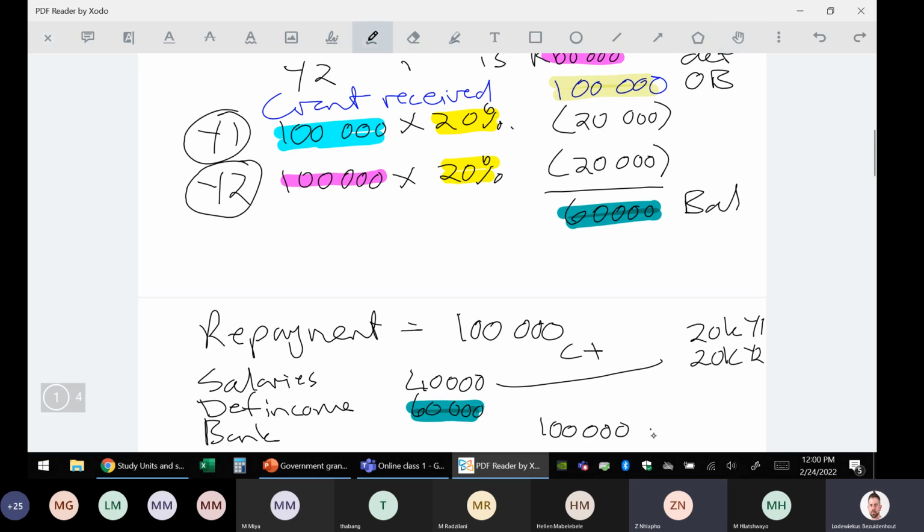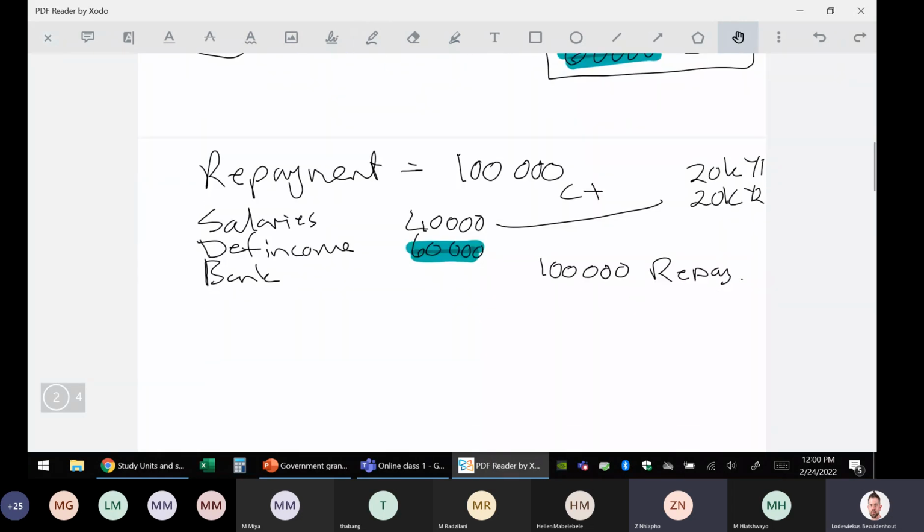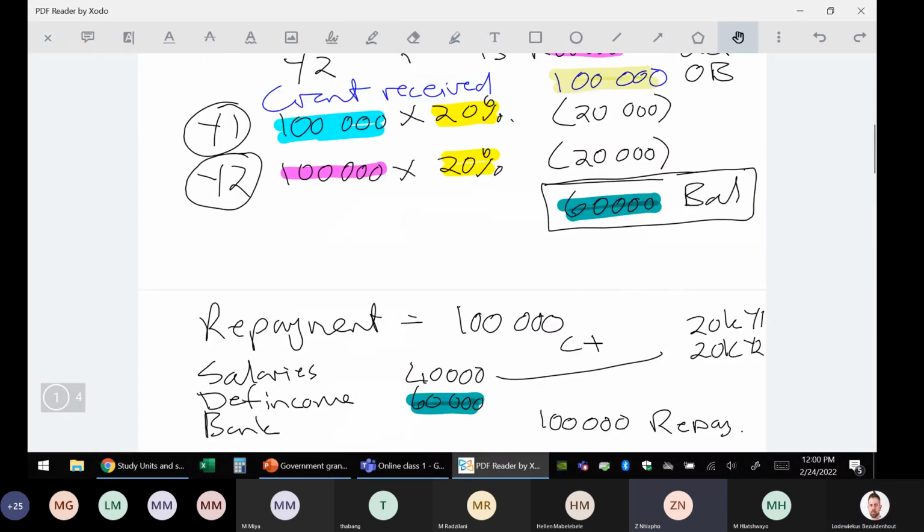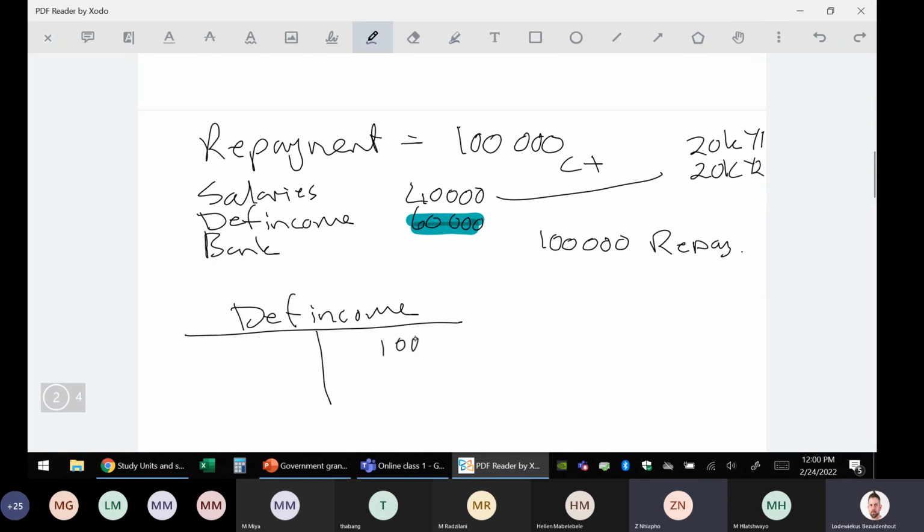So we repay 100,000. We first have to see what is the balance on our deferred income account, and we have to clear that first. So we have to get that out of the books. So if you look at the T account, deferred income has got 100,000 credit.